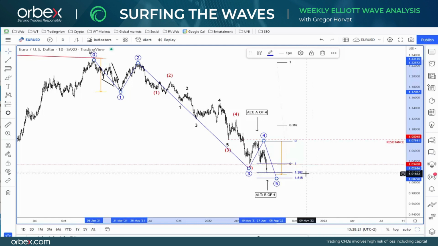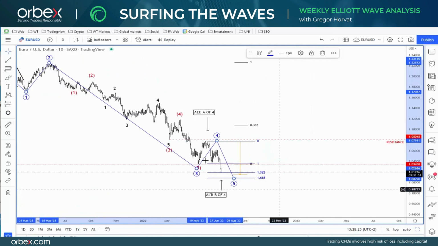You have 138.2% and 161.8% extension of this wave 4. So this should then limit weakness here if we really are going to track a potential flat.